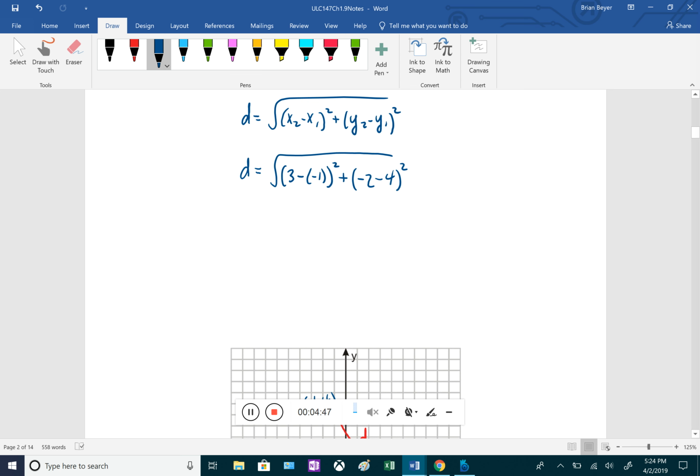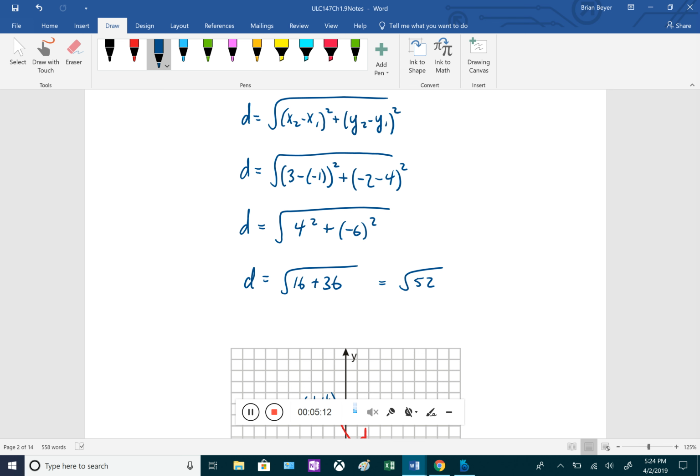And simplifying this, 3 minus -1 is 4, so 4 squared plus -6 squared. That gives us 16 plus 36. And that gives us square root of 52. So we can actually simplify this a little bit.